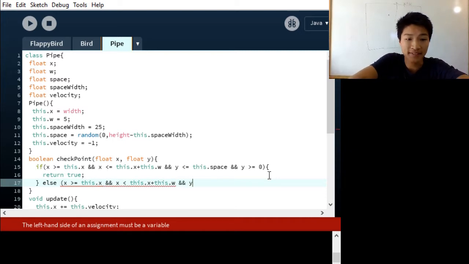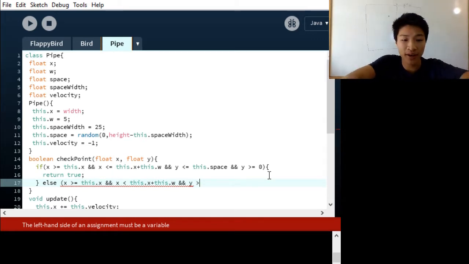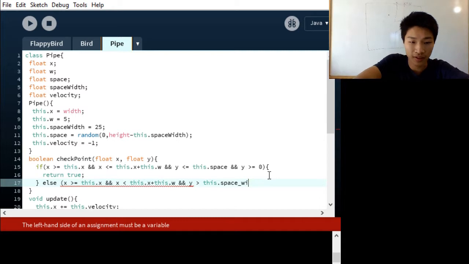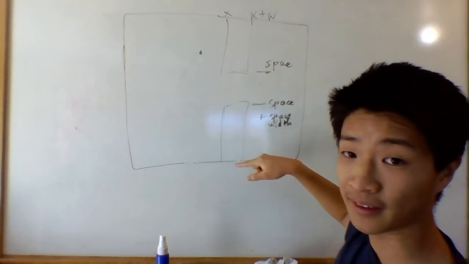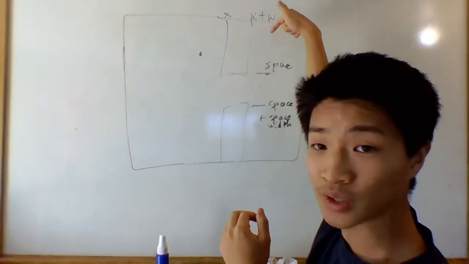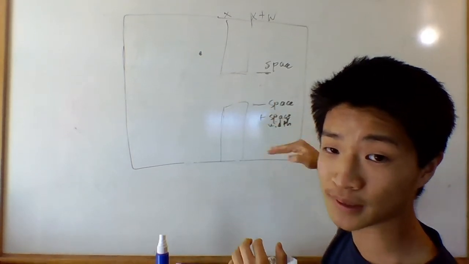But instead of saying it has to be less than this dot space, it has to be greater than this dot space plus this dot space width, right? If you remember, y values actually increase going downwards. So it has to be greater than this value, which is space plus space width.